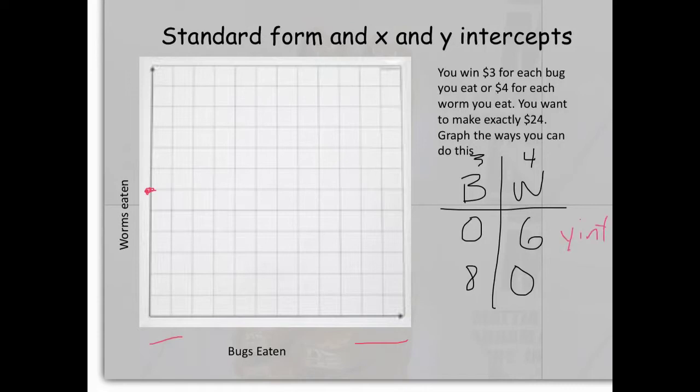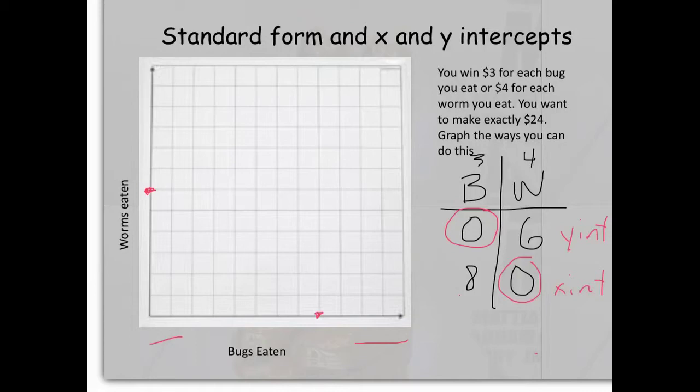We also know it's a y-intercept because it's when x equals 0. That's all the intercepts are: when it's the extreme of all one variable or all the other variable. And since our y variable is 0 here, this will be our x-intercept, where we go over 8, up 0. 1, 2, 3, 4, 5, 6, 7, 8. Put a point.